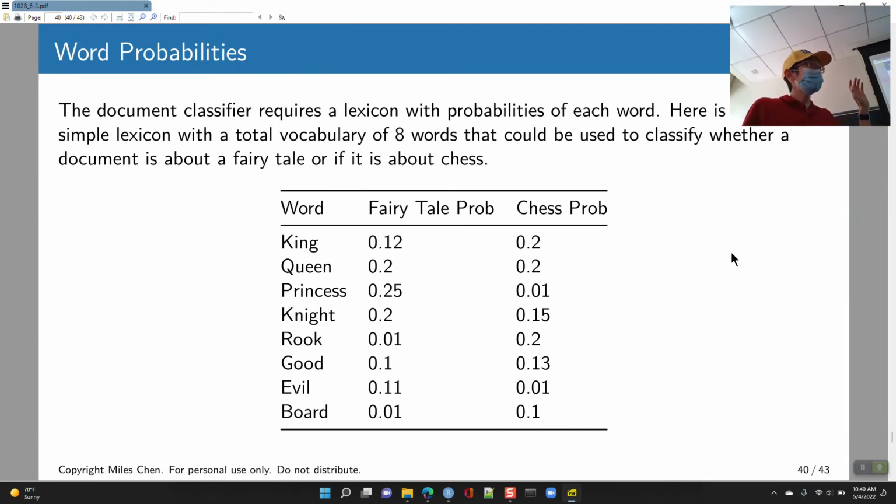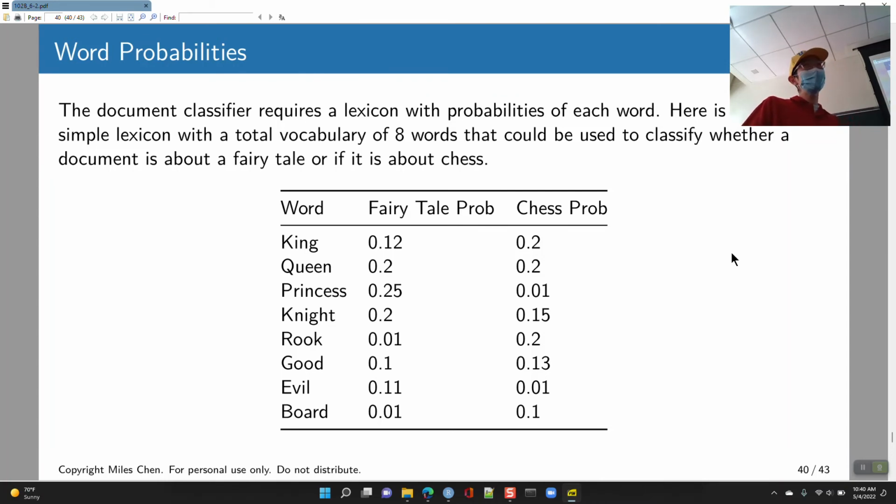The probabilities in a lexicon are usually really, really tiny. Like, what is the probability that the word keys shows up in any random sentence? I don't know, it's probably on the order of 10 to the minus 3 or 10 to the minus 4, something really small.